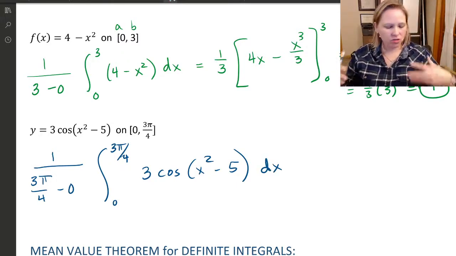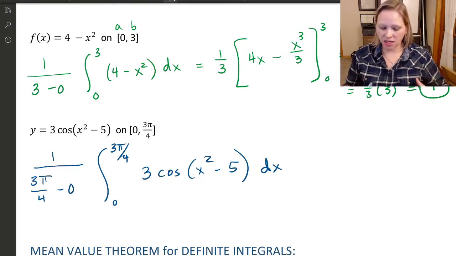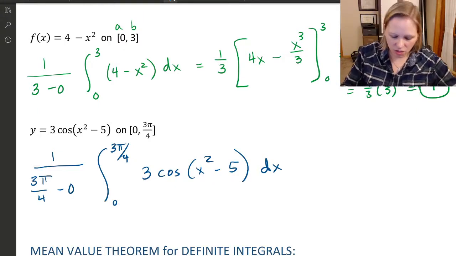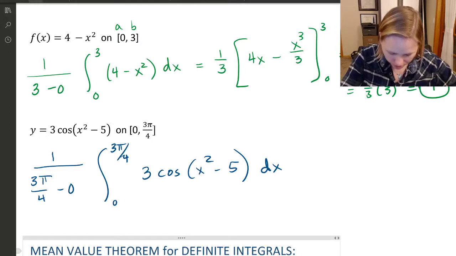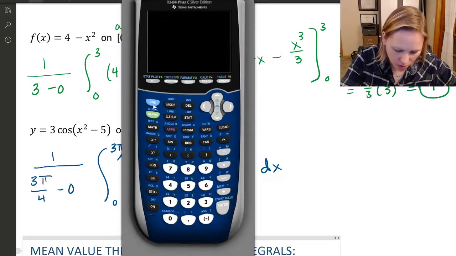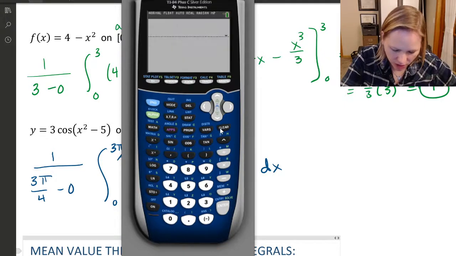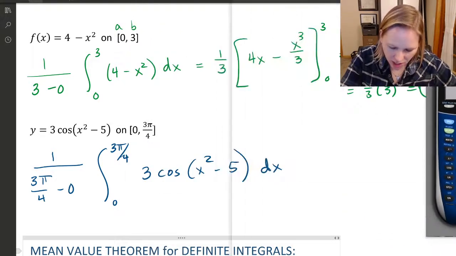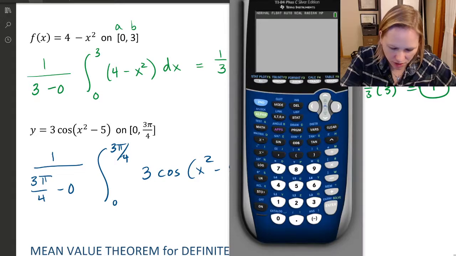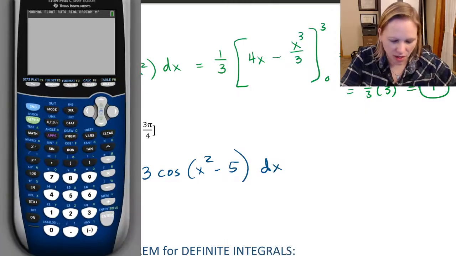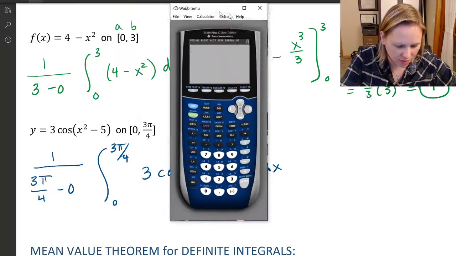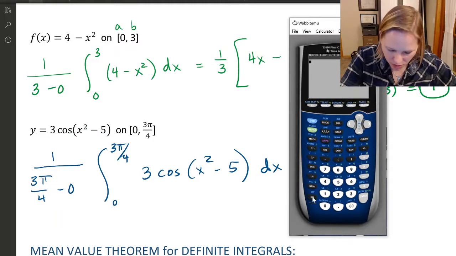This one, we actually don't know how to integrate anything like this yet, and that's okay. So here's what we're going to do. We're going to use our calculator. And a lot of times these types of problems will show up on your calculator, and hopefully we're getting proficient at using our calculators to evaluate these mathematical things. And we want to be really comfortable with it. So here we go. I'm going to hit Math 9.